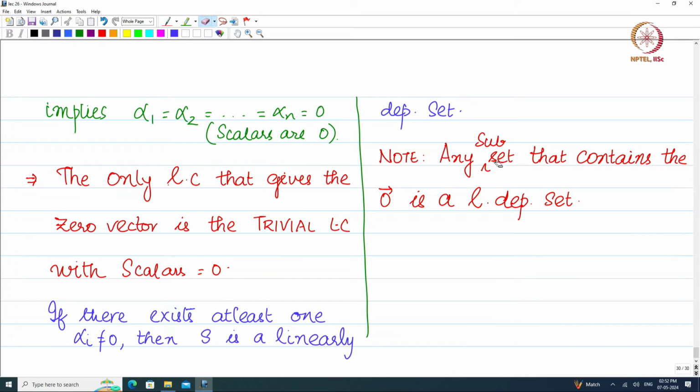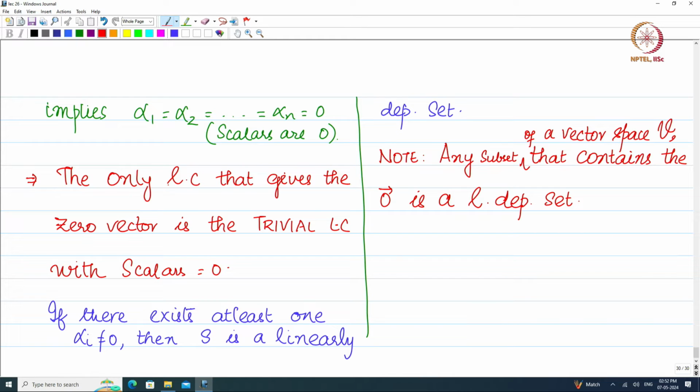Any subset of a vector space V which contains the 0 vector is a linearly dependent set. So, that is something which we need to remember.